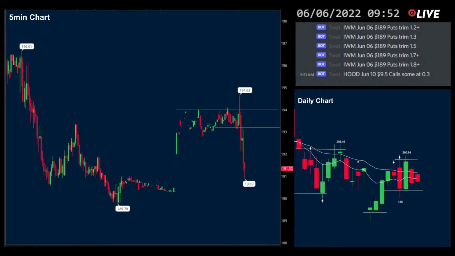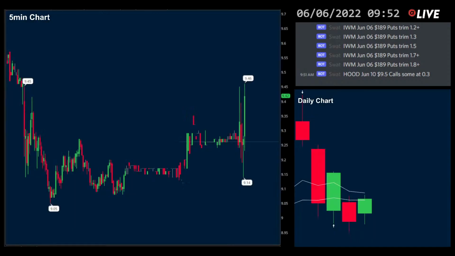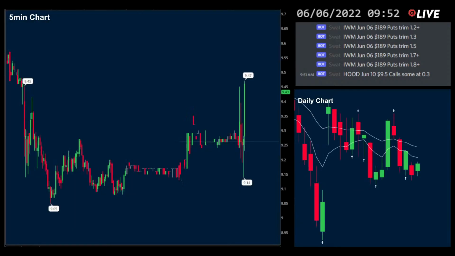Robin Hood new highs on the day. Put here the chart. Robin Hood new highs on the day. Some more bull flow on Robin Hood.